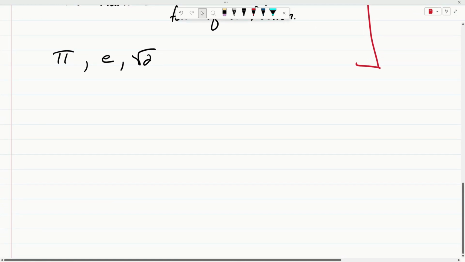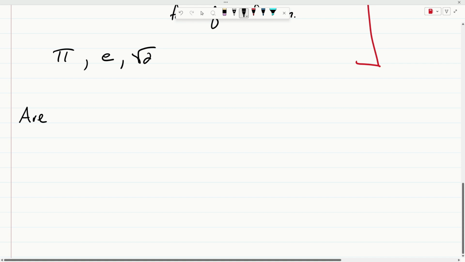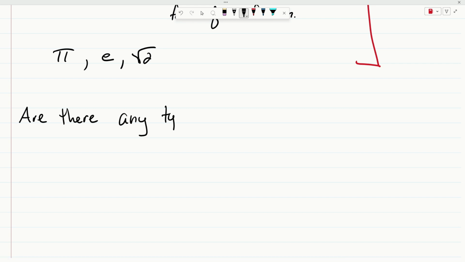So a natural question would be, are there other types of numbers that exist? Because like I said, the real number system is everything. It's all the numbers you know. So, big question is, are there any other type of numbers? And the answer is absolutely.